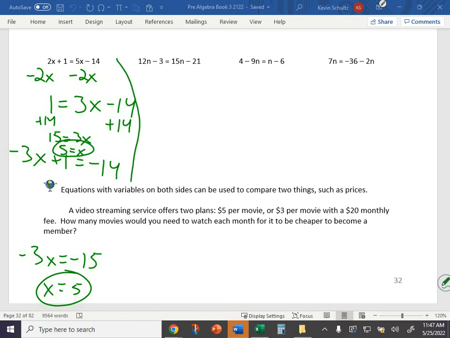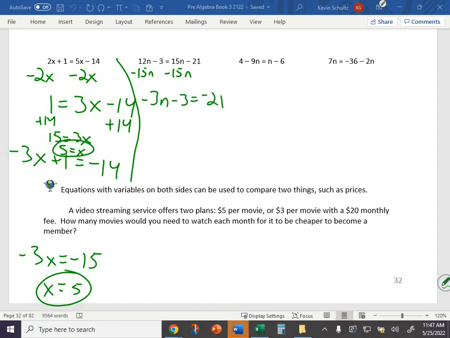Jeffrey, start us out. So I would subtract 15. Okay, so subtract by 15. Jeffrey's moving his variables over to the left side, which is fine. You end up with negative 3n minus 3 equals negative 21.